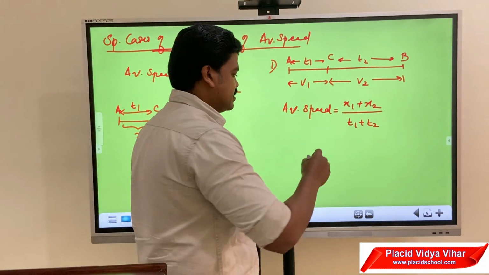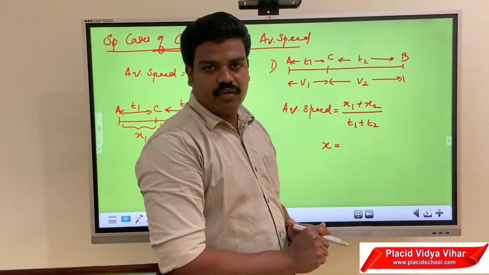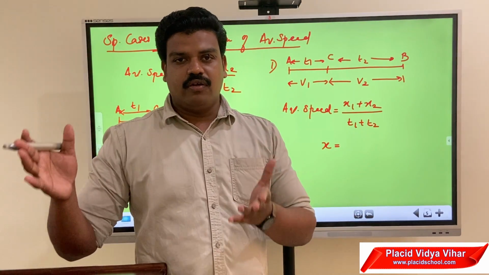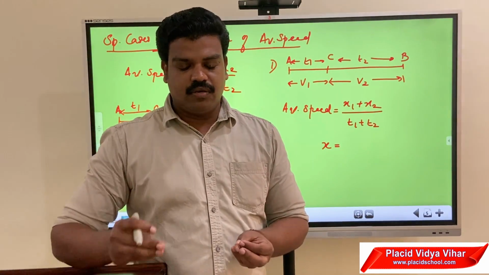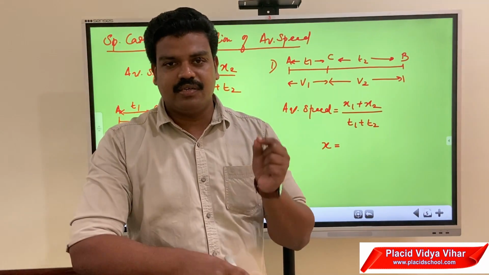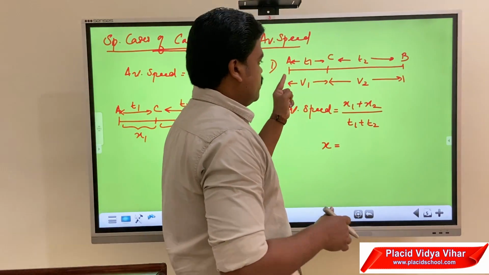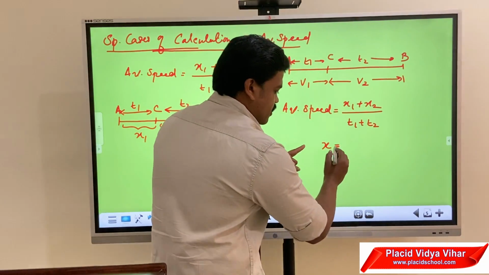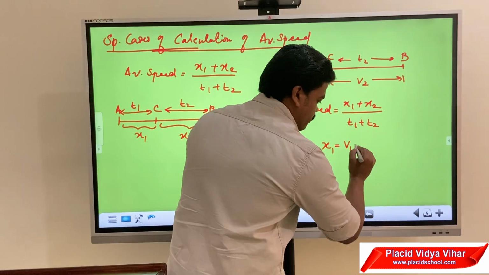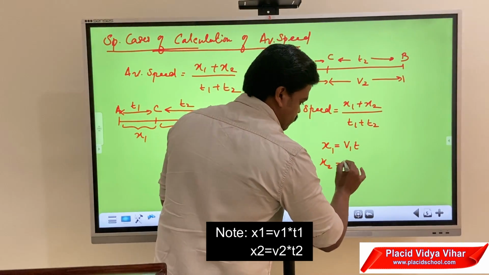So distance covered: we know the relation, speed is equal to distance by time. By cross multiplying we get distance is equal to speed into time. v1 is the speed from A to C, so we can write x1 as v1 t1, and x2 as v2 t2.